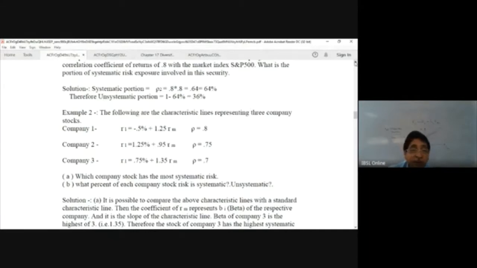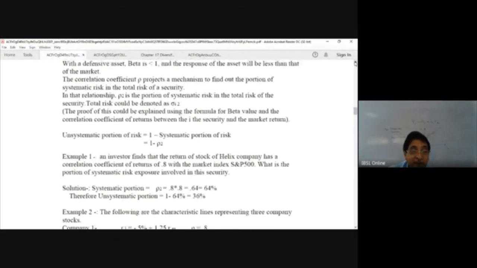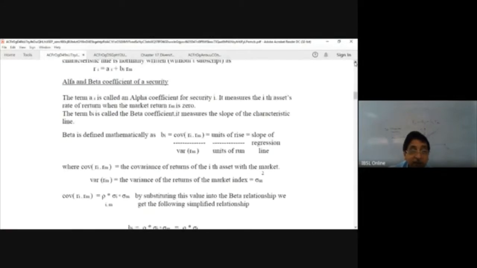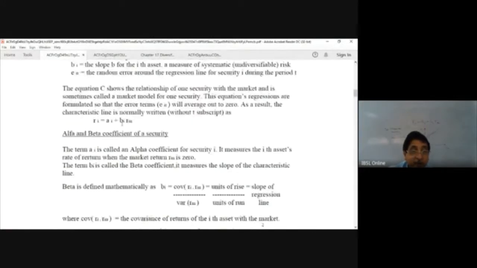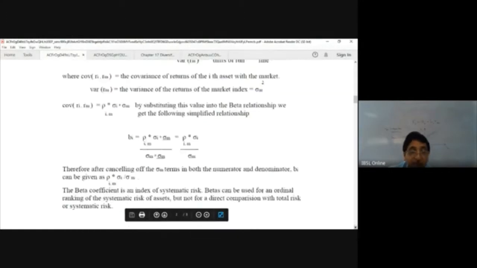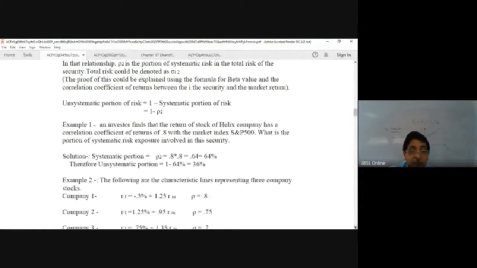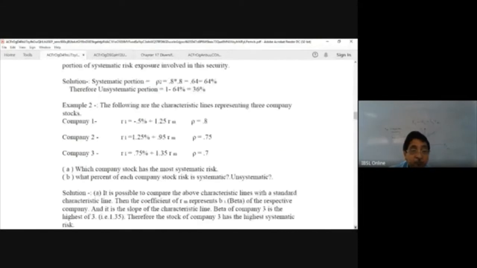Now you just compare this equation with that. So this is the equation to be compared here. So beta comes here, no? Yes. So what is the beta of company 2?